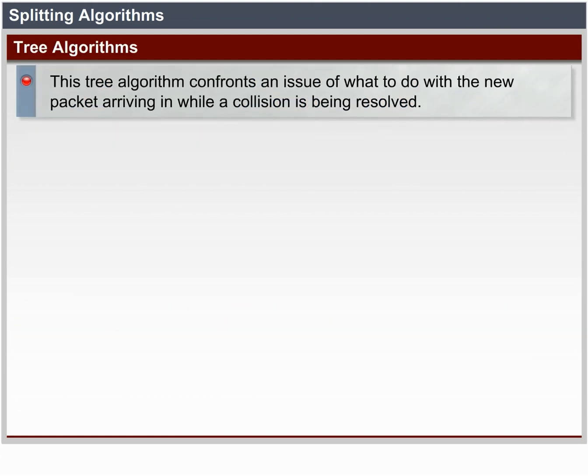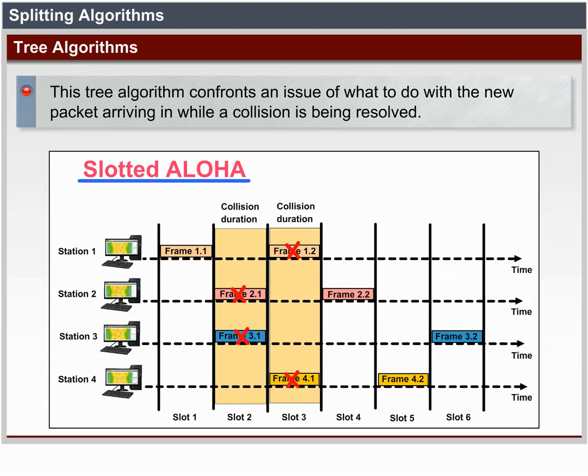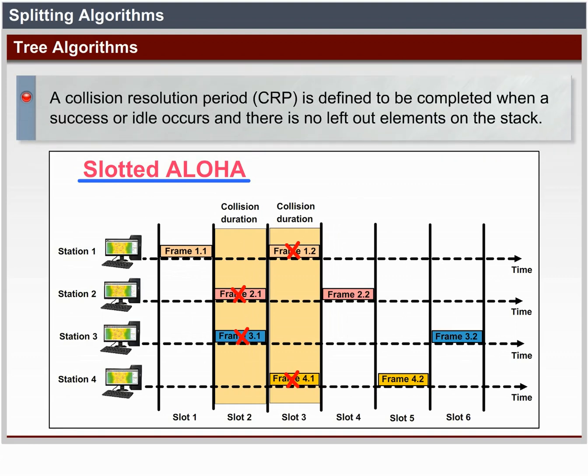One problem with this tree algorithm is what to do with the new packet arrivals that come in while a collision is being resolved. A collision resolution period (CRP) is defined to be completed when a success or idle occurs and there are no remaining elements on the stack.